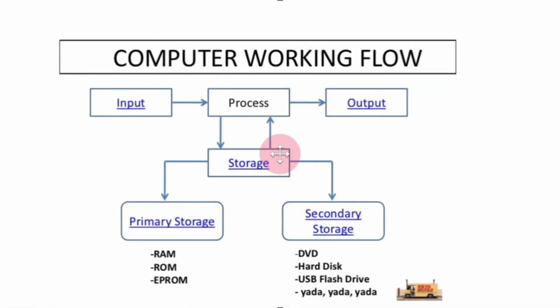Next, we will learn the computer working flow, meaning how input and output devices help the computer work. We all know an input is data that a computer receives, and output is data that a computer sends.